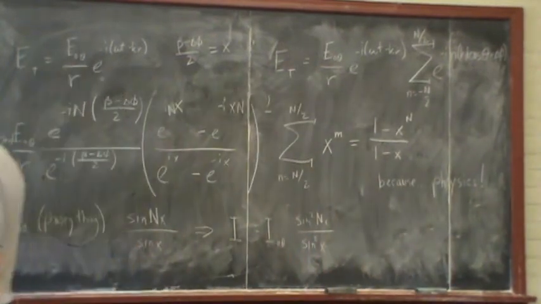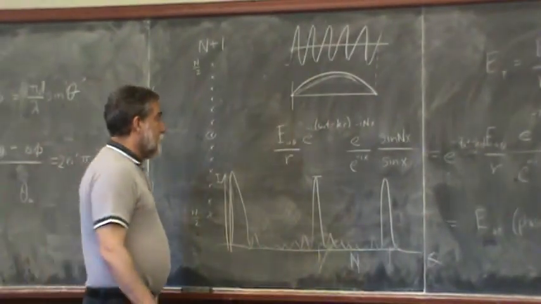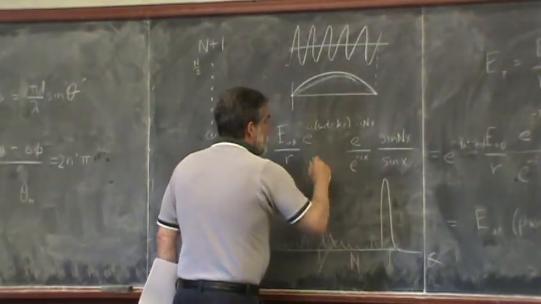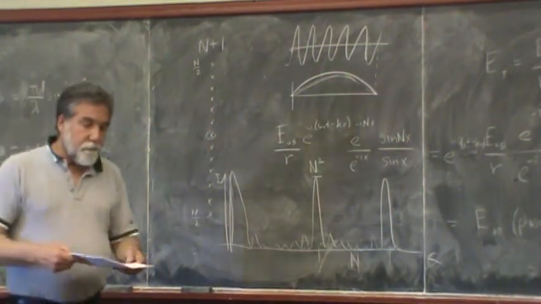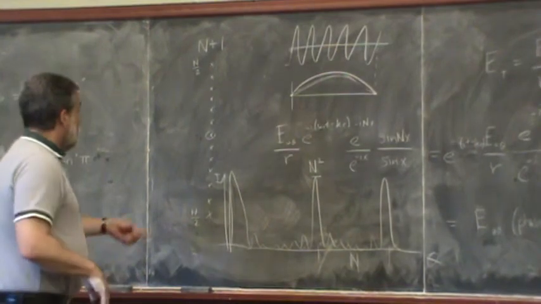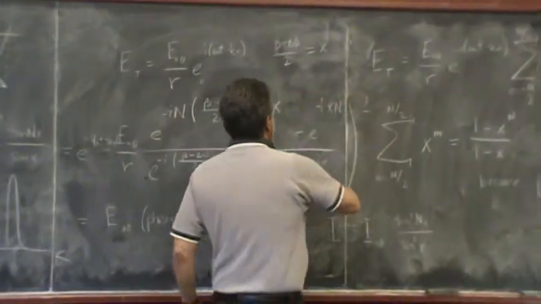And that looks like this. There are n maxima in that intensity pattern, and the maximum intensity is n squared. So when I have an array like this, now I'll go out there and talk about what the intensity looks like.